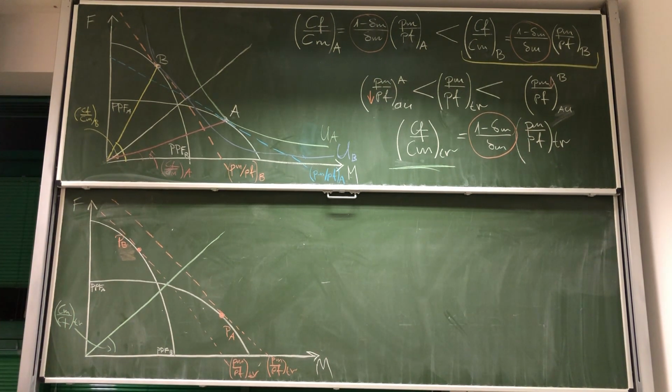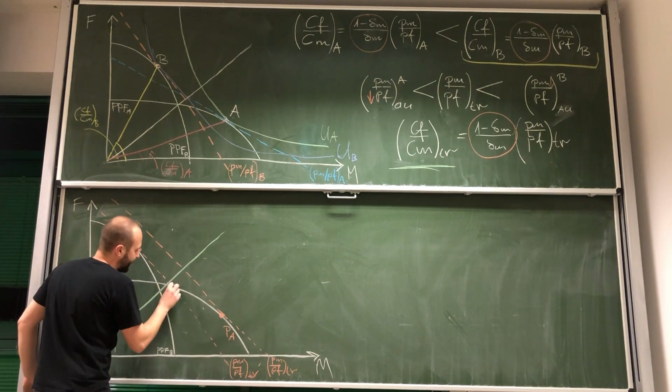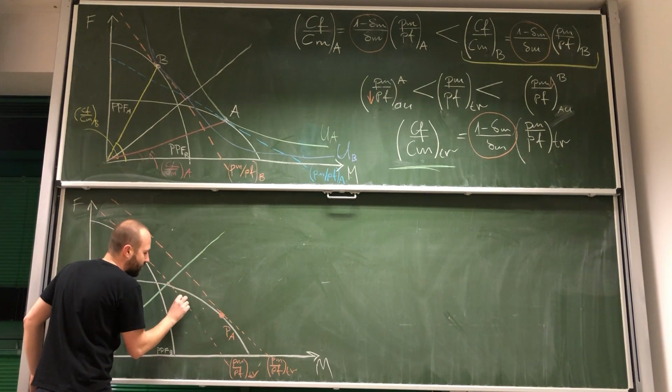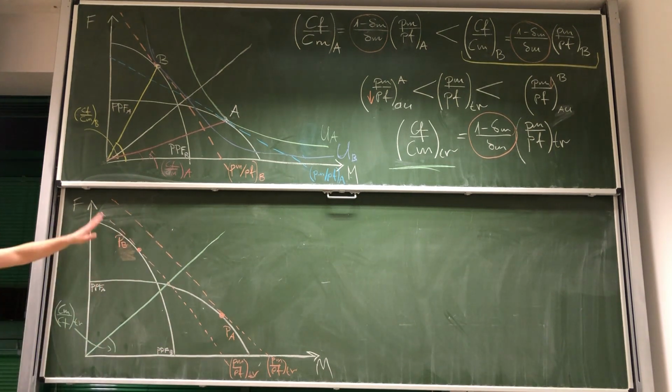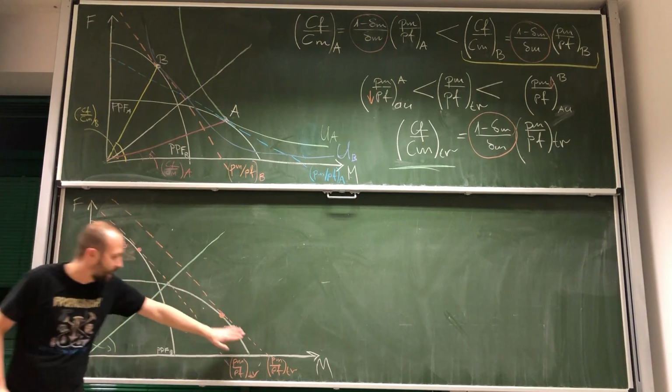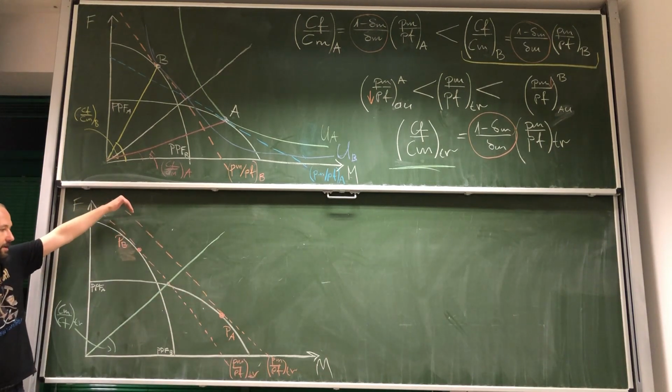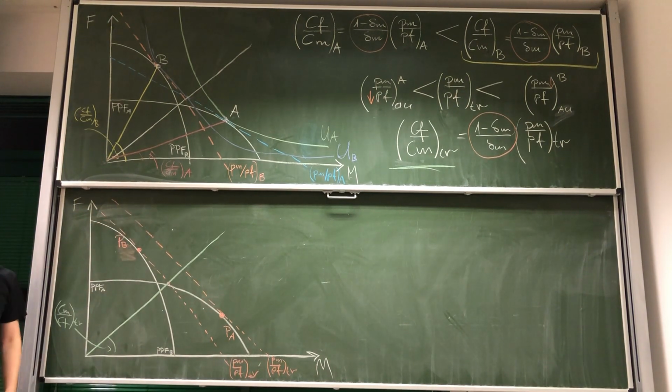So, in trading equilibrium. And okay, it's all perfectly okay. Well, I hope you can see everything. And look, what I need to do right now. Look, this line, this price ratio is for Austria.